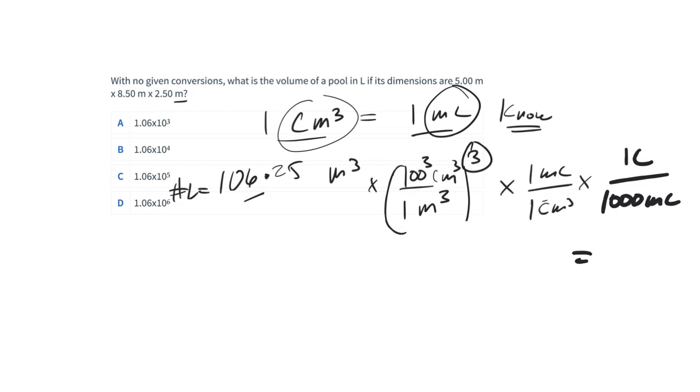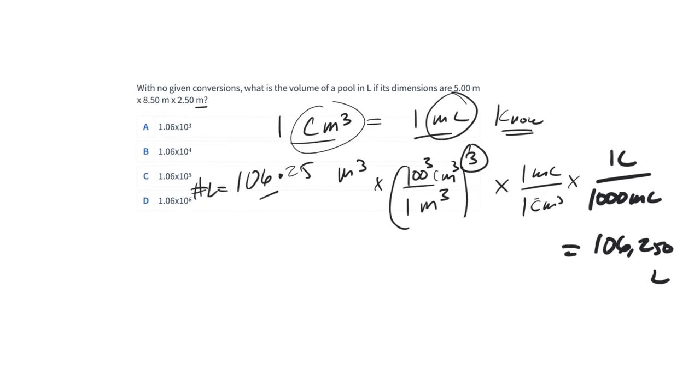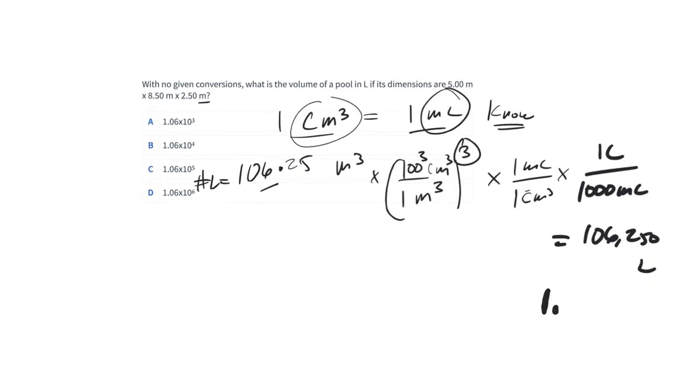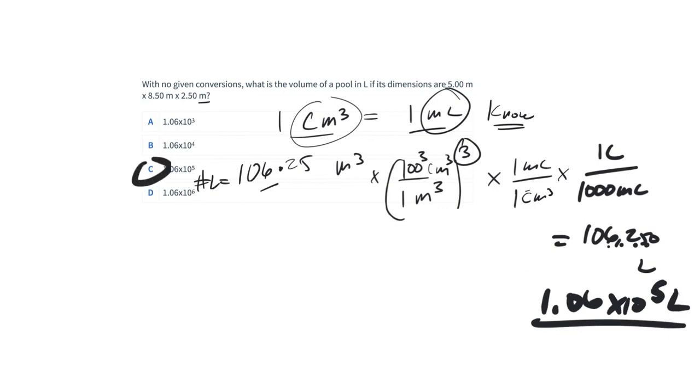And so that gets me 250 liters. If I'm expressing this answer in scientific notation and rounding it to 3 sig figs, I would go 1.06 times 10 to the 1, 2, 3, 4, 5. So we'd be going with answer C.